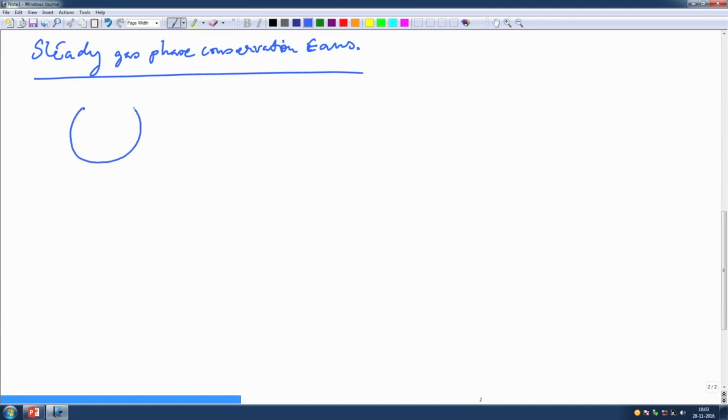Let us assume that this is the droplet once again. Following the notation of Matalon and Marché, this is the liquid, the surface is denoted as A, and this is the gas. It can be any notation, by the way, it can be R_s, it can be A, it can be B, whatever you can think of, but the basic thing does not change. So, this is a steady gas phase conservation equation. We are using the word steady because we have already proved that it is a quasi steady gas flow field.